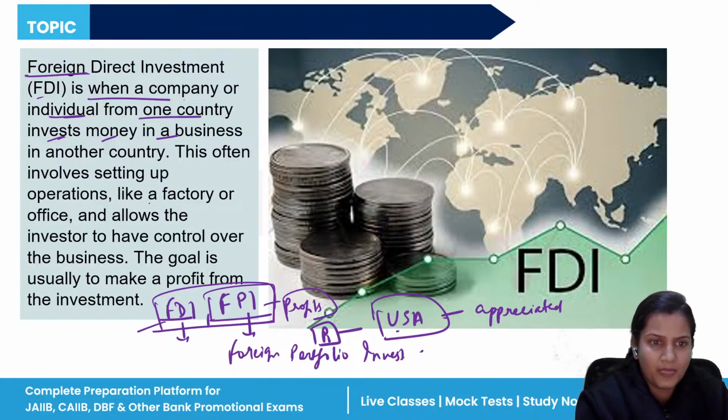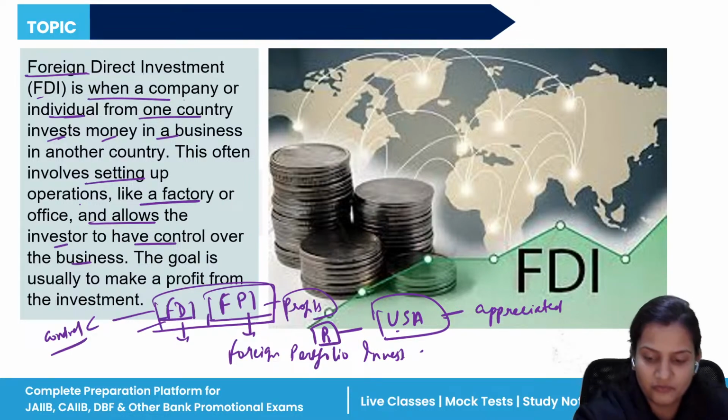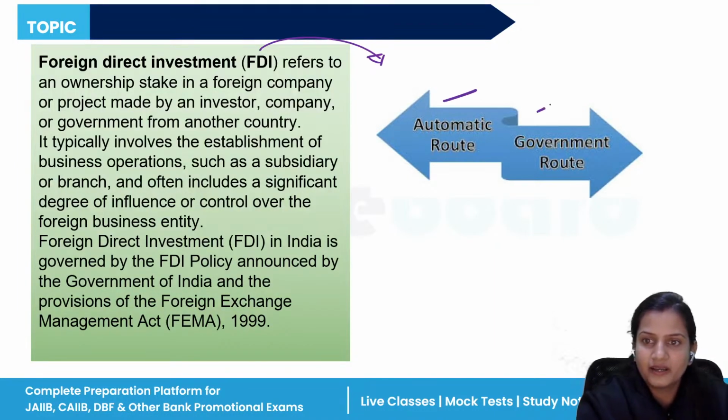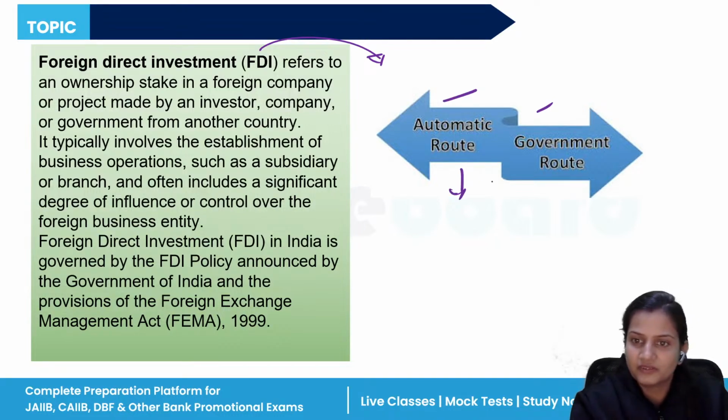For example, a factory setup, or doing any kind of operations in that country, which allows the investor to have control over the business. FDI gives control to that business, and from this control they will make huge profits. FDI is divided into two routes, the automatic and the government route. In the automatic route, full freedom is given; you can go and do the business.